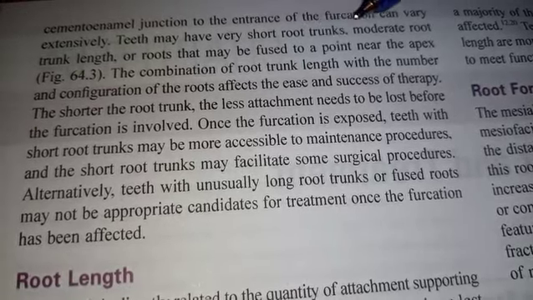Short root trunks may also facilitate some surgical procedures. Alternatively, teeth with long root trunks or fused roots may not be appropriate for treatment once the furcation has been affected.